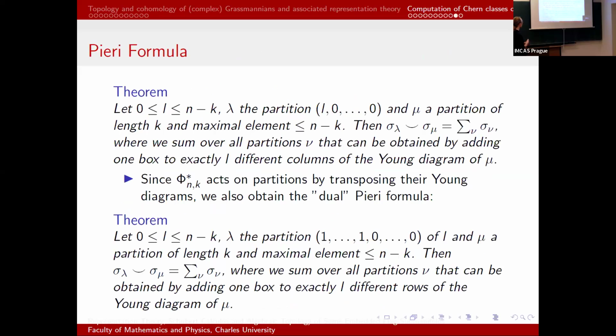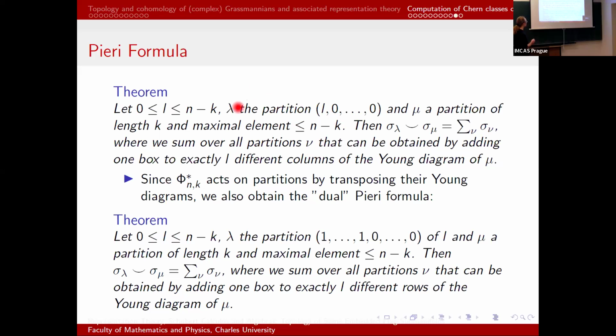So now, this is the Pieri formula. It is a rule for how to multiply the Poincare duals of the partitions in the cohomology ring of the Grassmannian, in the case when one of the partitions is a row partition.